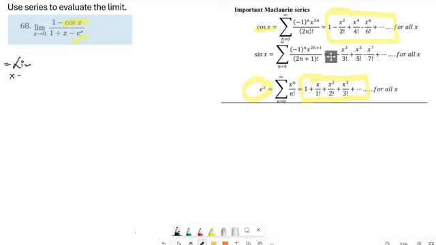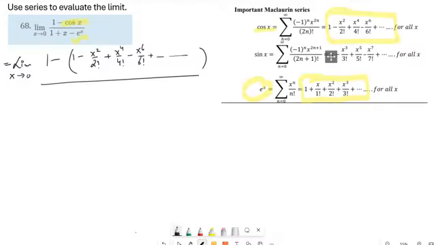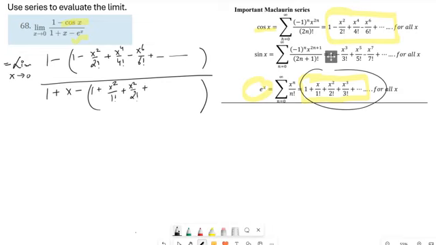Limit x approaches to 0, 1 minus, don't forget the parentheses, otherwise you will mess up the sign. 1 minus x squared by 2 factorial plus x4 by 4 factorial minus x6 by 6 factorial plus so on, divided by 1 plus x minus ex is this expression, 1 plus x by 1 factorial plus x squared by 2 factorial plus x cubed by 3 factorial plus so on to infinity.